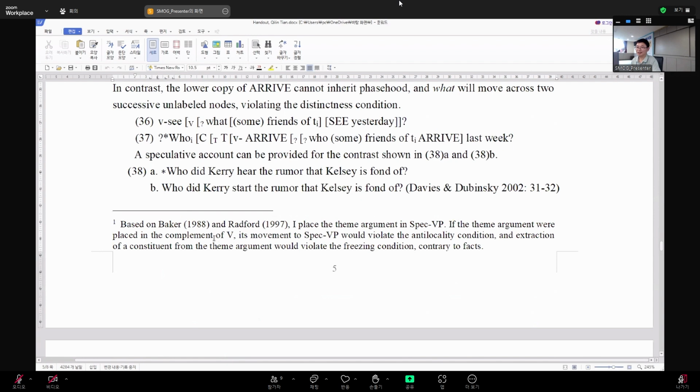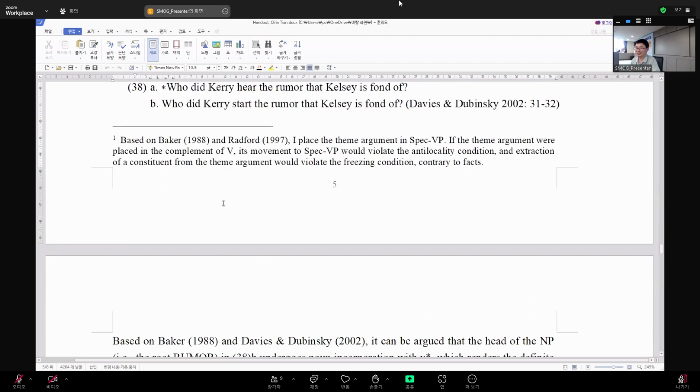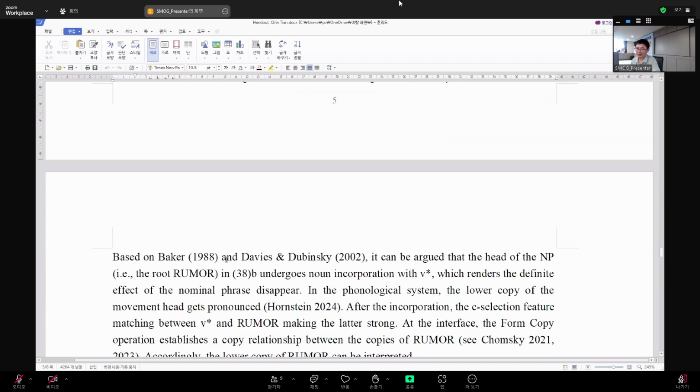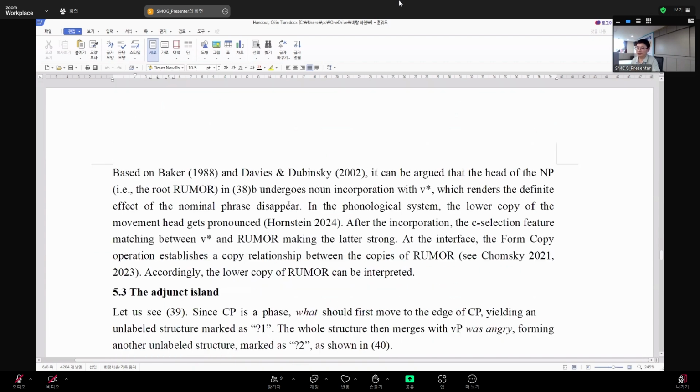I think a speculative account can also be provided for the contrast shown in 38A and 38B. You can see 38A is acceptable. 38B is not acceptable. I think my hypothesis can reinterpret this kind of fact. Based on Baker, it can be argued that the head of the NP, that is the rumor, undergoes incorporation with the head of V, which renders the definiteness effects of the nominal phrase disappear.